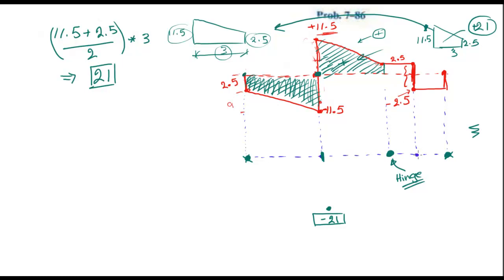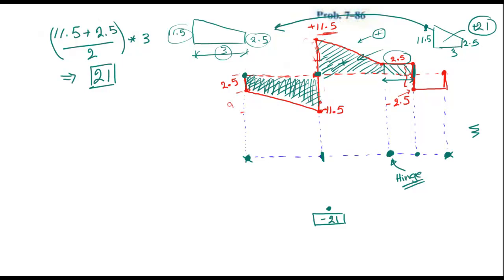Okay, now what about this one? At this point it's the summation of all the areas from here all the way to the point of interest here. Since we know that the summation of these two areas is 0, all I need is to calculate this area, which is 2.5 multiplied by the distance, which is 2.5, I believe.